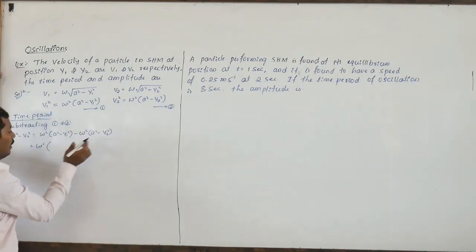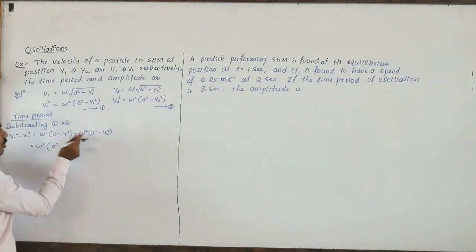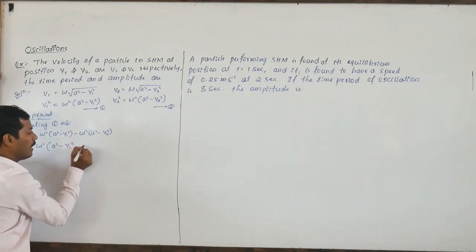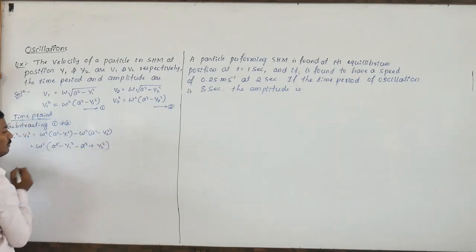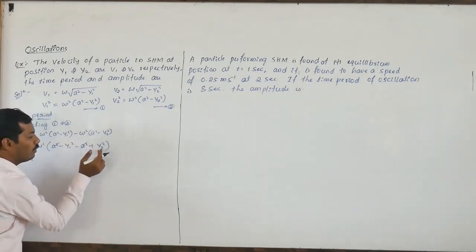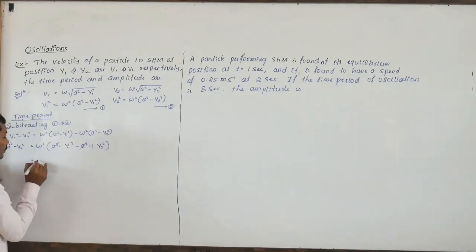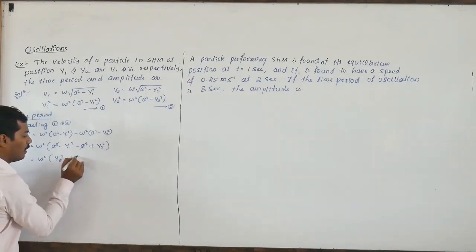Here a square minus y1 square, common is omega square, then minus into plus, it becomes minus a square, then plus y2 square, so a square gets cancelled. v1 square minus v2 square is equal to omega square into bracket y2 square minus y1 square.